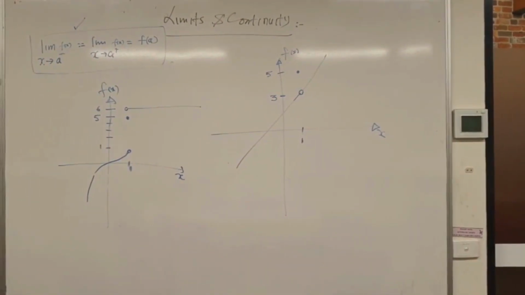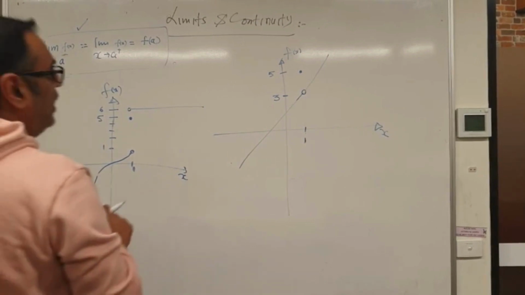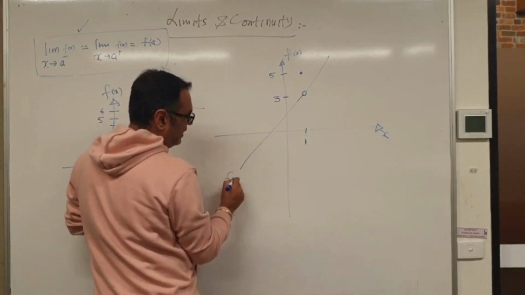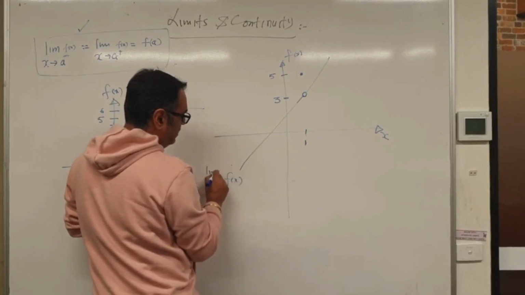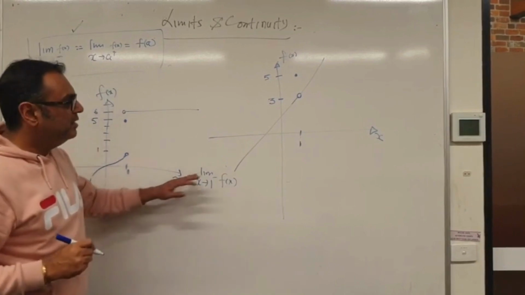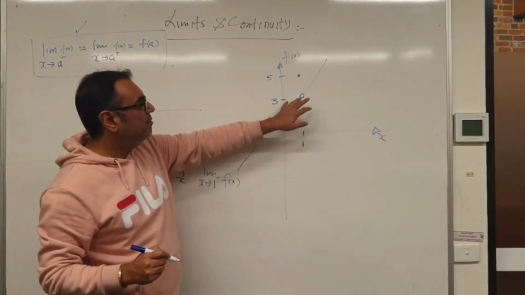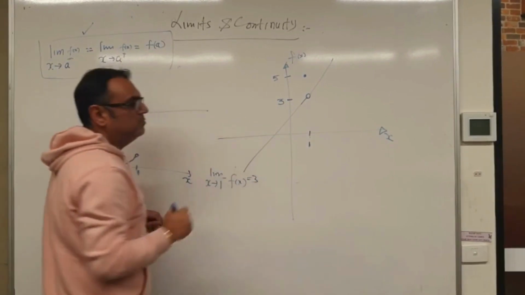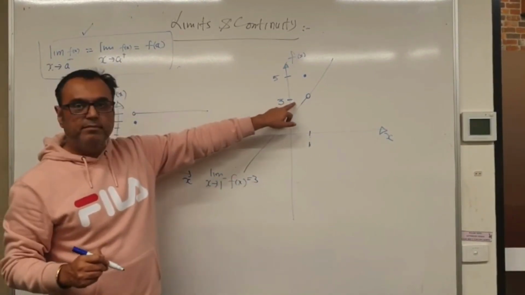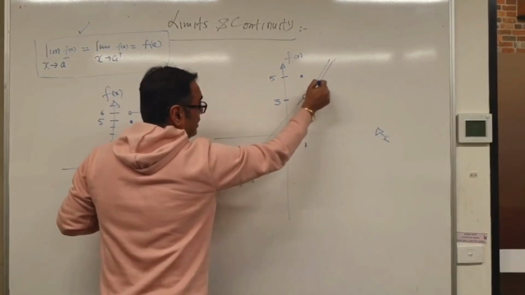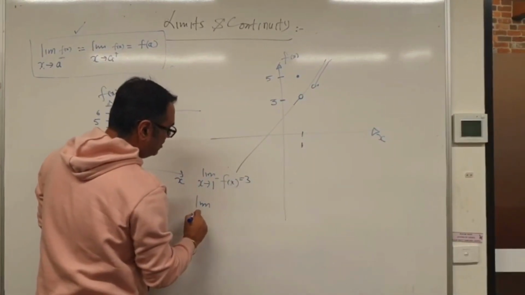No, straight away. Why? Because your left limit, the limit as x tends to 1 from the negative side of f of x, is basically 3. It's approaching 3. Even your right limit here also approaches 3.